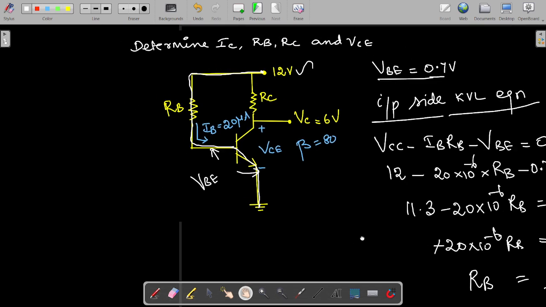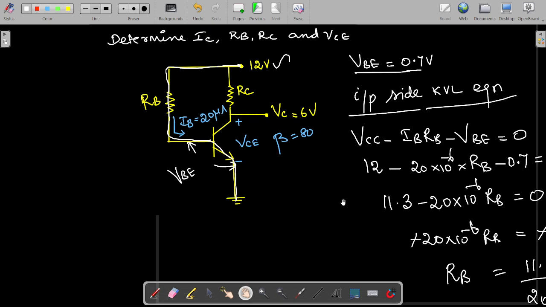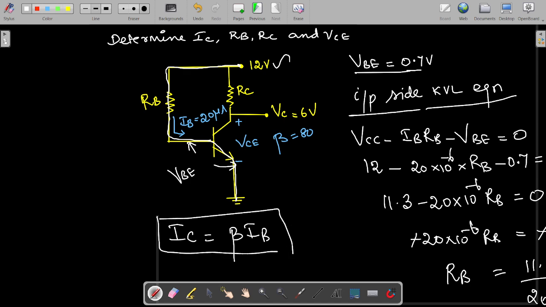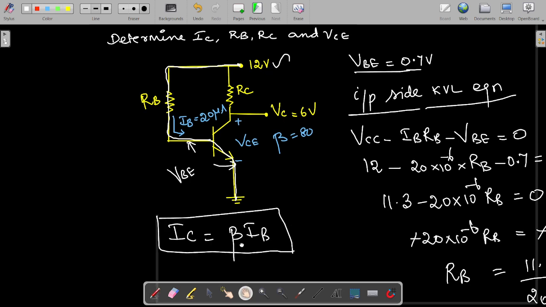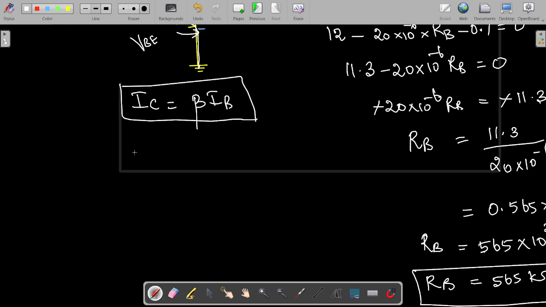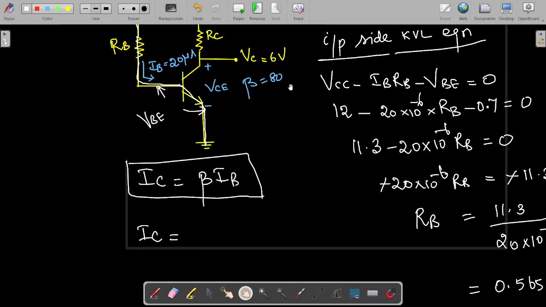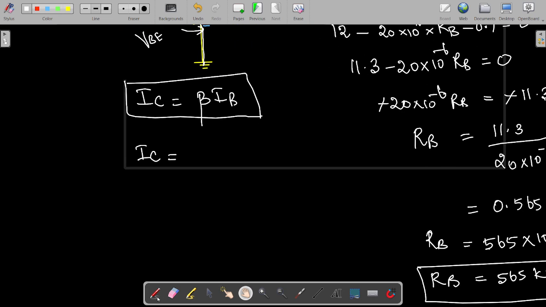Then I go here to find out IC, right? IB is already given. So we can immediately find out IC also, right? Because the formula is IC is equal to beta times IB. That is the standard formula we can use. In that IB is given. So IC is equal to beta, which is also given in the problem, 80.